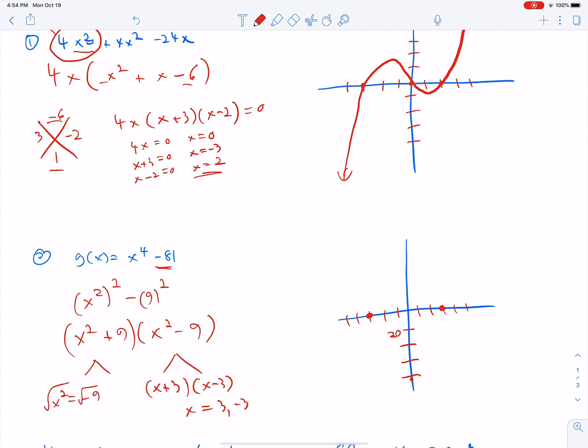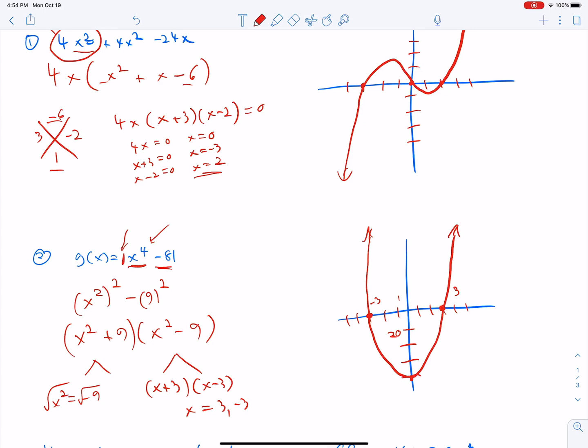When we take the square root of both sides, we're going to get an imaginary number, right? Because we have an imaginary number, those ones are not going to be plotted on this graph. We have a positive leading coefficient. It's 1. We have an even degree, so it looks like a parabola. So we're able to say that the general shape of this graph looks like this with those x-intercepts at negative 3 and positive 3.